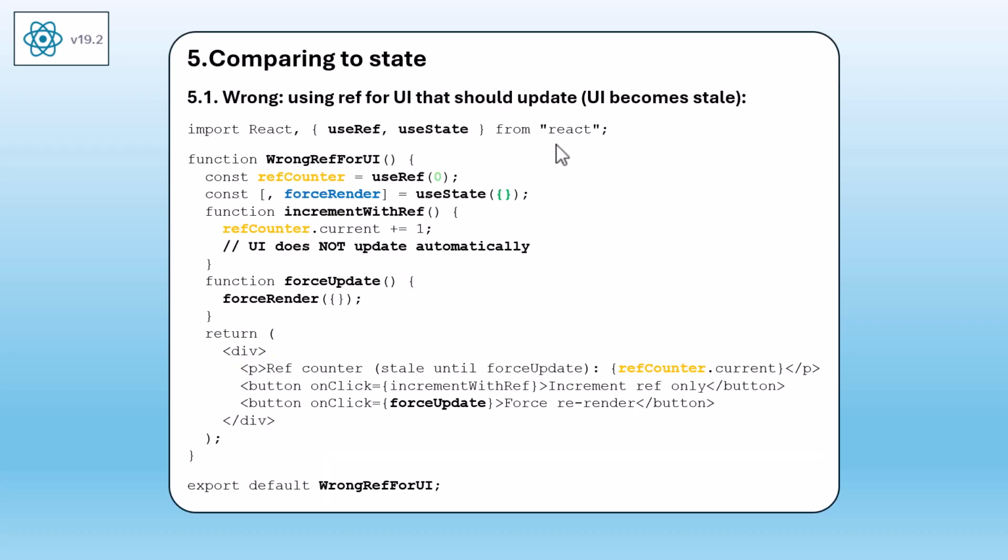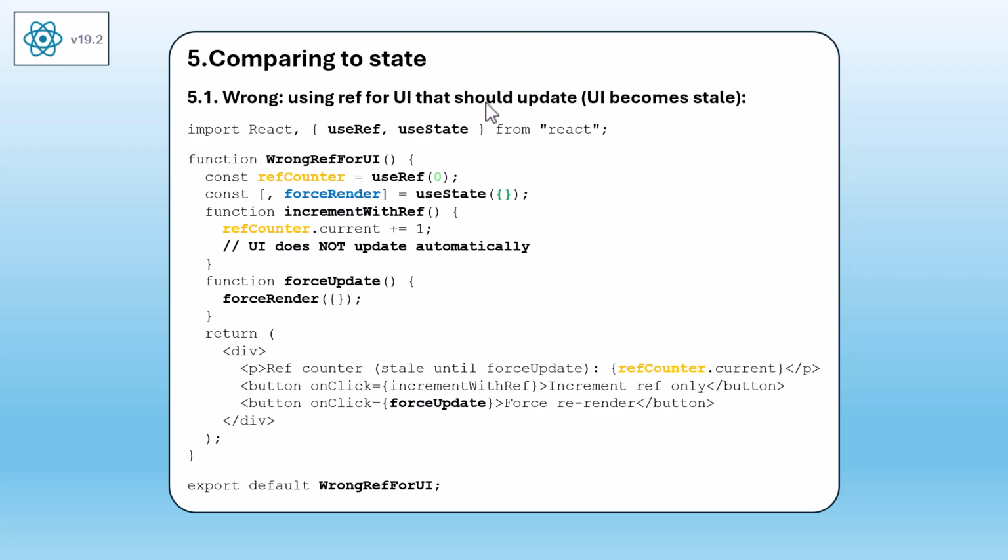5. Comparing to state. Because useRef does not trigger renders when modified, it should not be used in place of state when the UI depends on the value. If you have something that, when changed, needs to show a new value on screen, then state is the correct tool. On the other hand, if you have something purely internal, or purely imperative, then useRef is more suitable.